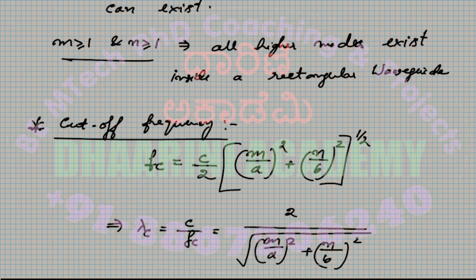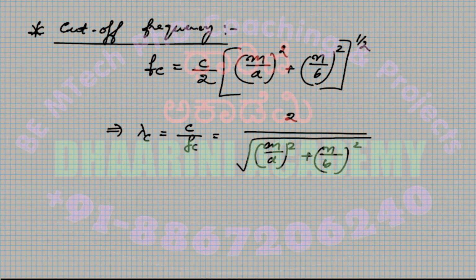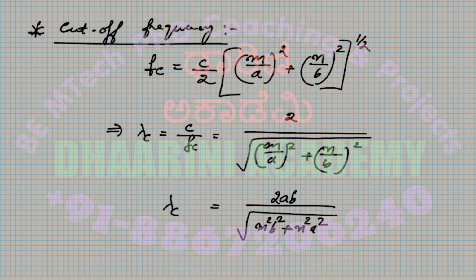This can be further simplified: lambda c is equal to 2ab divided by root of m square b square plus n square a square. So m and n are constants depending upon which mode you are trying to propagate. That's how we can calculate the cutoff frequency.